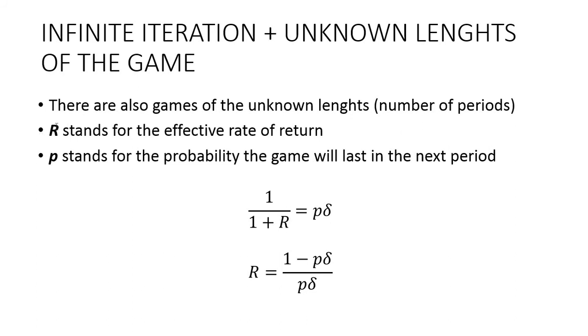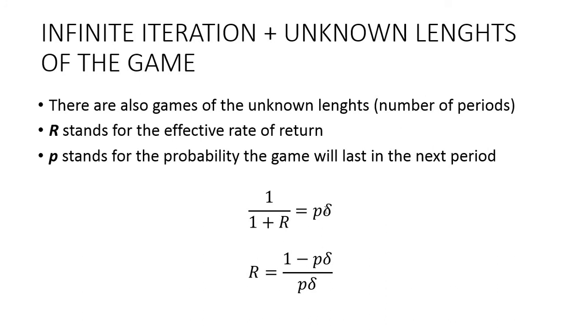I mean big R, capital R. And P will stand for the probability that the game is gonna last for the next period. So this is discount factor with effective rate of return, and it has to be equal to sigma multiplied by p, because obviously the maximum possible value for probability is 1.